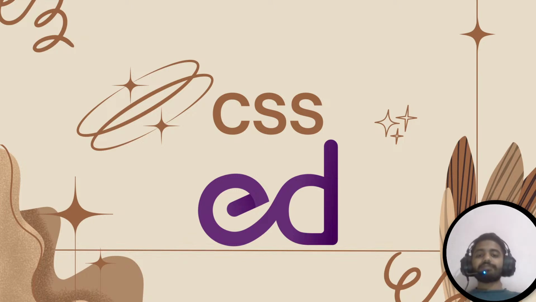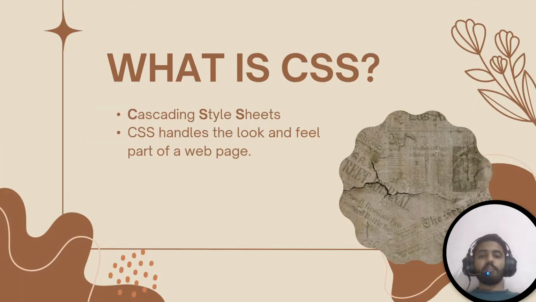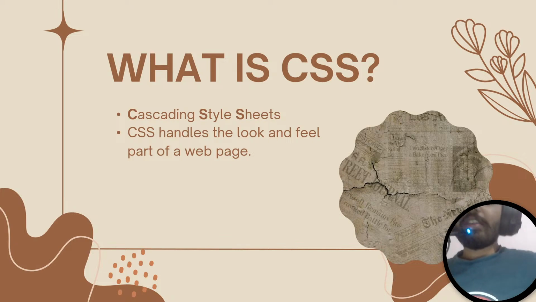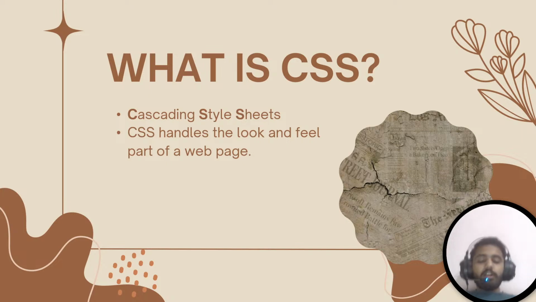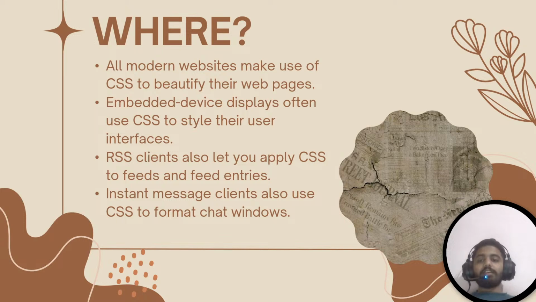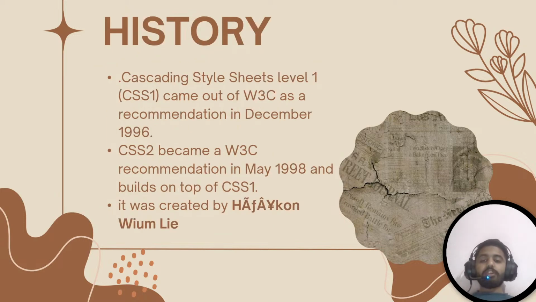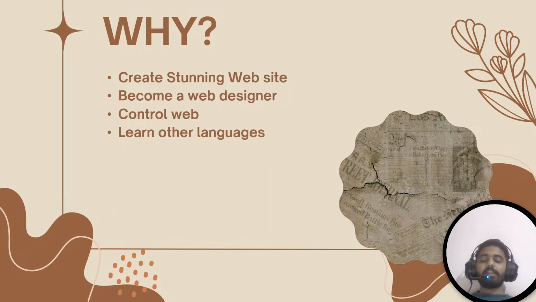So let's start. First of all, we saw what is CSS. CSS is cascading style sheet. Then we saw what it handles: it handles the look and feel of a page. We also saw the history of CSS: cascading style sheet level 1, level 2, CSS2, and who created it.